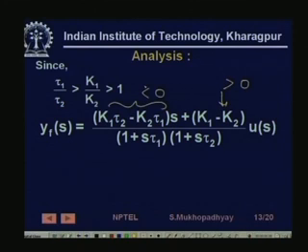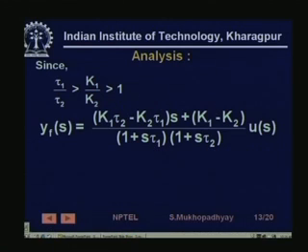So, we have terms like A minus Bs, which means that it has a 0. This will give the poles and this will give the 0 of the transfer function, that there is what is known as a right half plane 0.